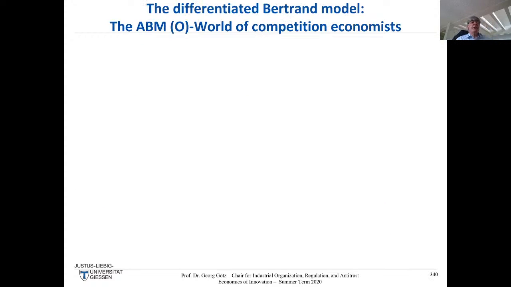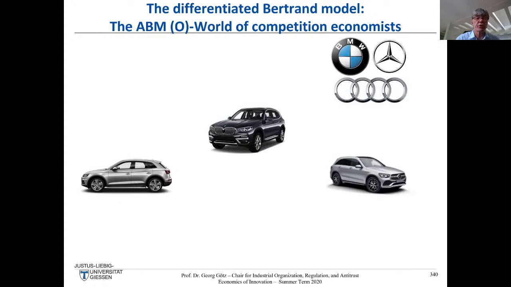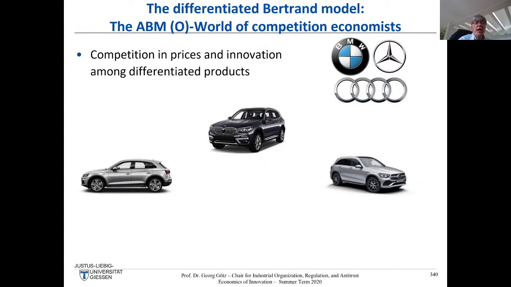So what I want to do in Cologne and what I want to show you is the world of differentiated Bertrand models, and I call that the ABMO world of competition economists. ABMO just stands for Audi, BMW, and Mercedes. You see here a Q5, X3, and I think the Mercedes is a GLA.